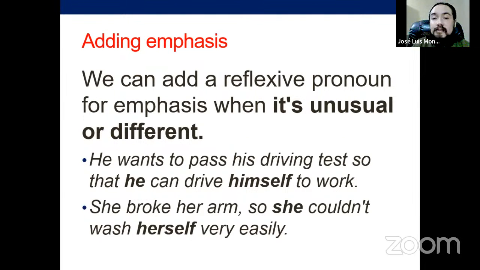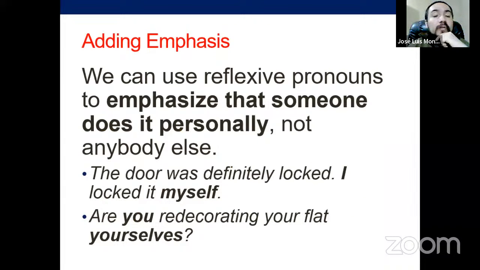The second type is divided in these two parts, emphasis for unusual, different, or for doing something personally. Why? Because if you analyze, it's not the same as number one. I, what is the action? Locked. What is the verb? Oh, sorry, the object? It. Okay, so we're not receiving the action. And then we say myself. So myself is to put emphasis or to clarify that this entire action, I locked the door, is something that I did.